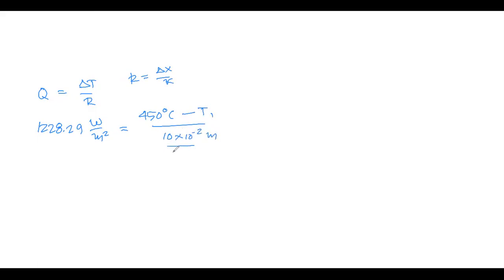Then the K of concrete is 0.8 watt per meter per Kelvin. The Kelvin will cancel here, and this is watt per meter squared as well. So the final answer here is T1.